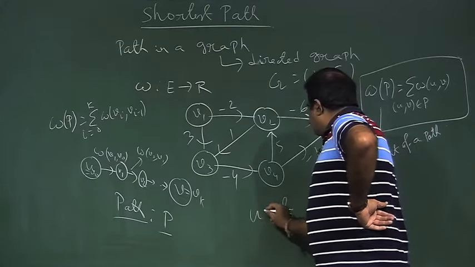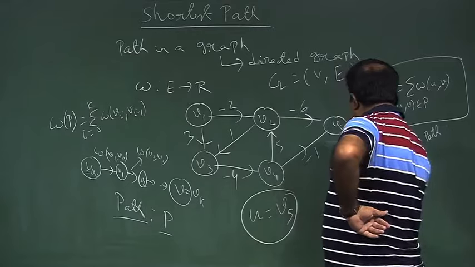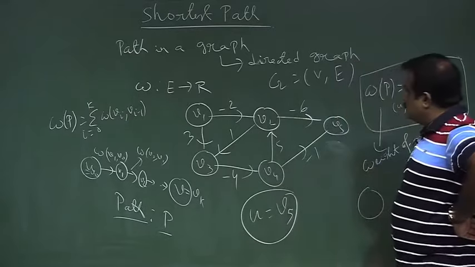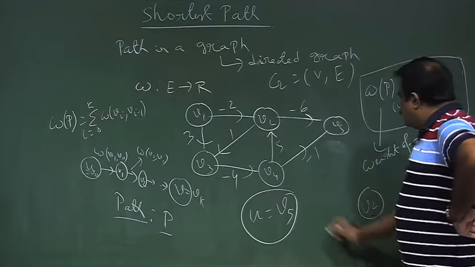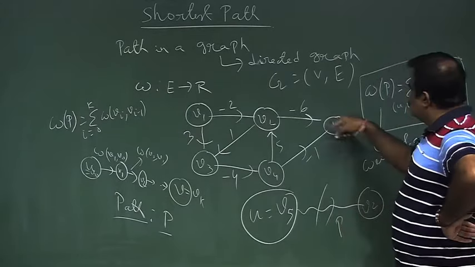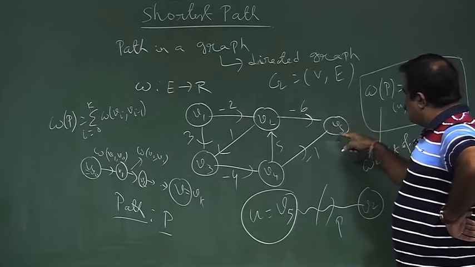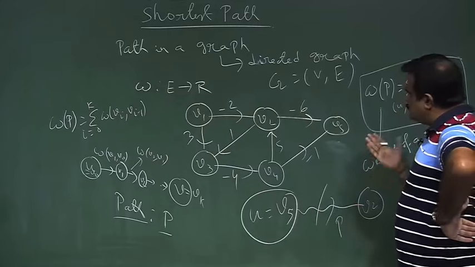For this graph, if we take U as V5 and any other vertex, say V2, there is no outgoing edge from V5, so there is no path from V5 to any other vertex and no question of a shortest path.